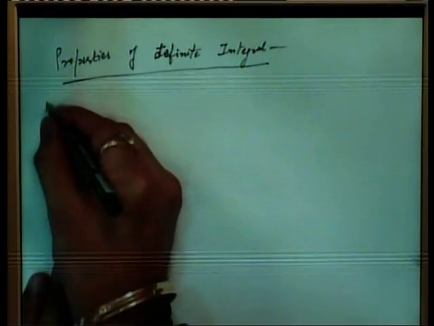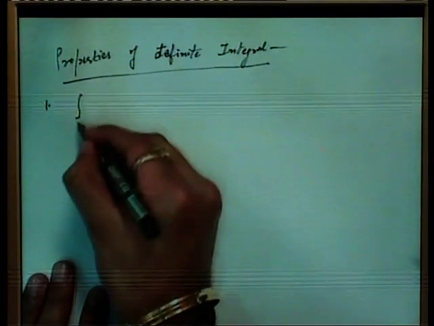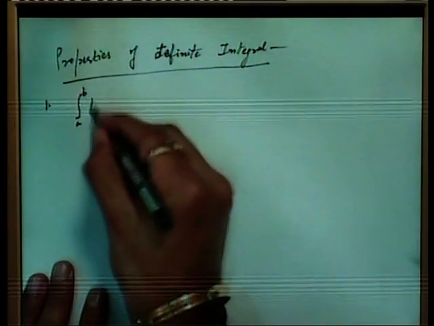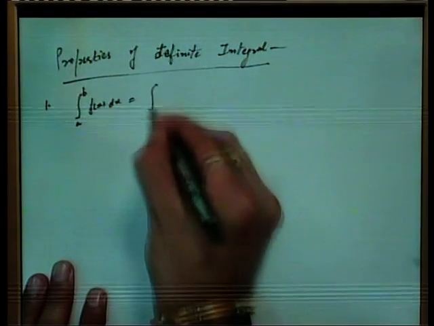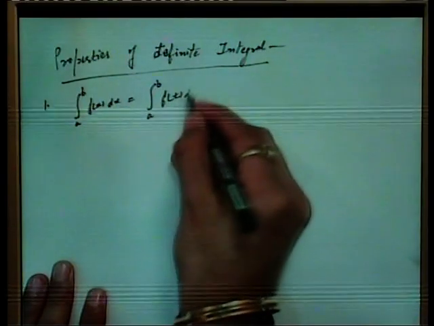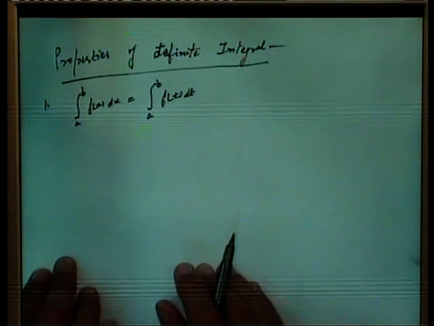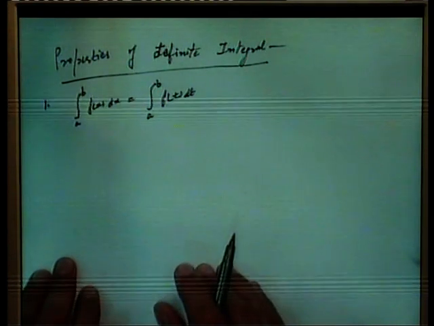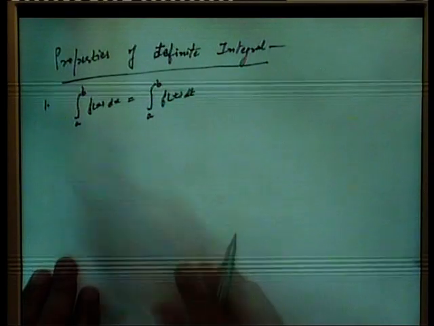The first property is that by change of variable, the value of a definite integral never changes. That is, if we change the variable x to t, the value remains unchanged. This is the first property: the integral from a to b of f(x) dx equals the integral from a to b of f(t) dt. By changing the variable x to t, the value remains unchanged.